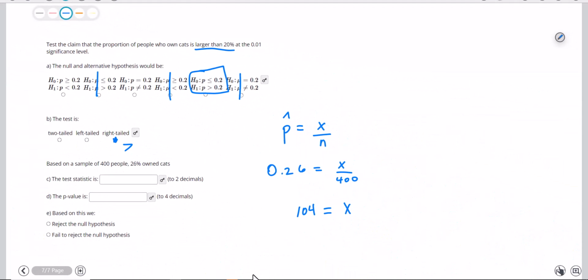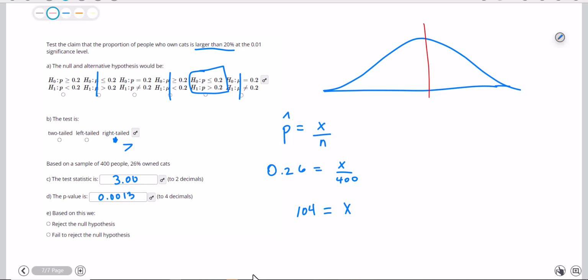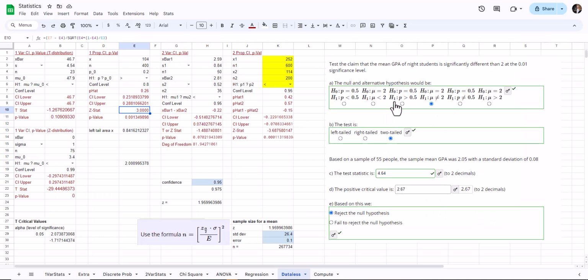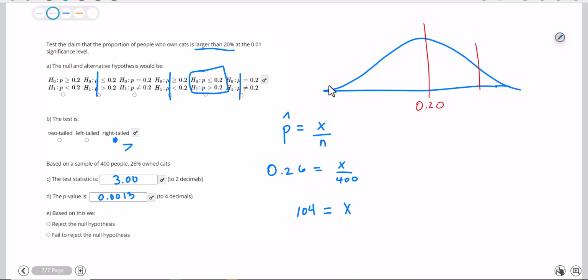So let me just put those numbers in there, 3.00 and 0.0013. If I drew this out, and you should always be drawing these so you can see what you're doing, it's saying that the mean is 0.20, and with our sample we came up with p hat 0.26, which is actually way up here.